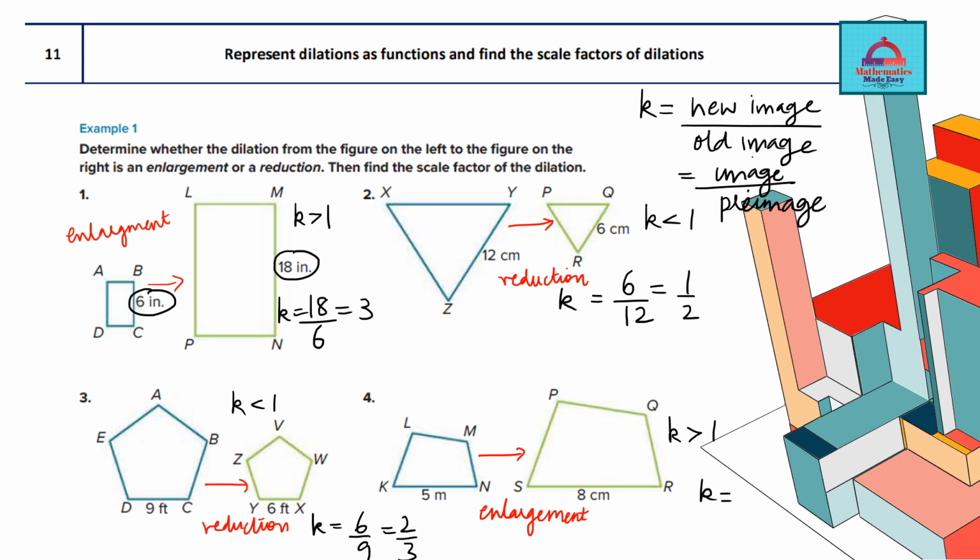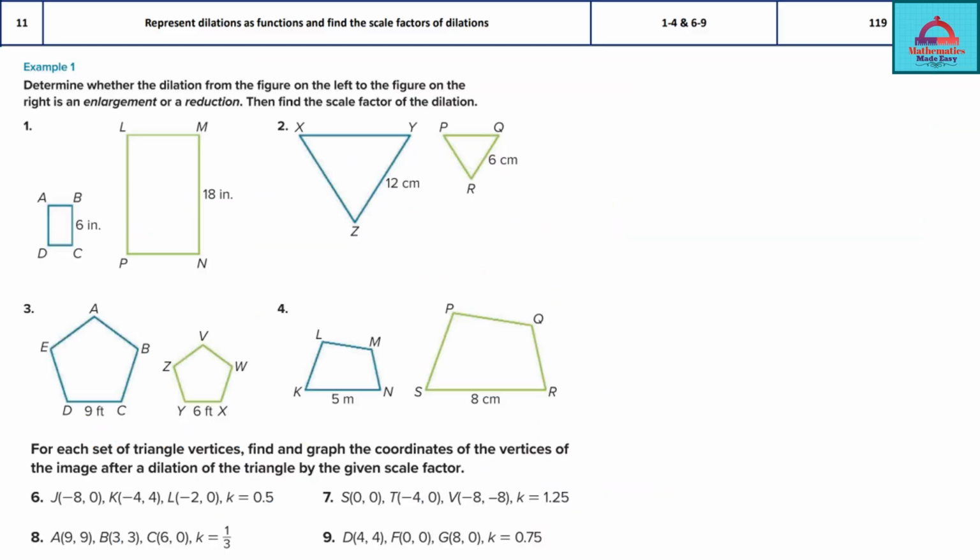Last but not the least, the new size is 8, the old was 5, so 8 divided by 5, that's your scale factor for the last one. So you can check your answers in this slide. So enlargement 3, reduction 1 by 2, reduction 2 by 3, and enlargement 8 by 5. So these are the answers.